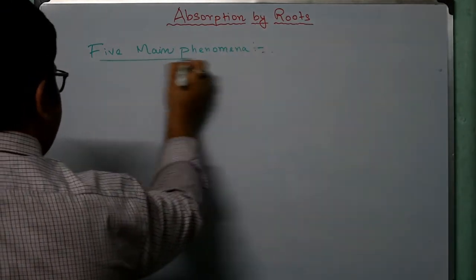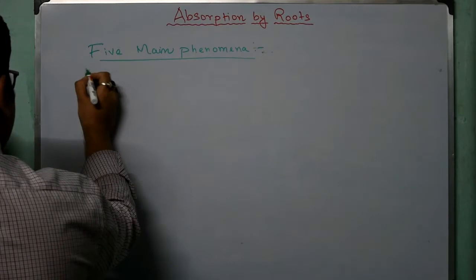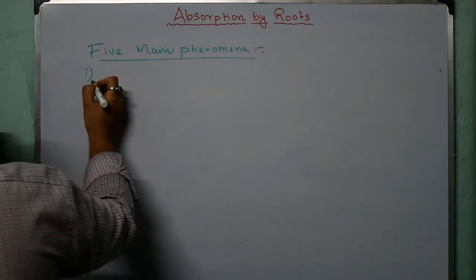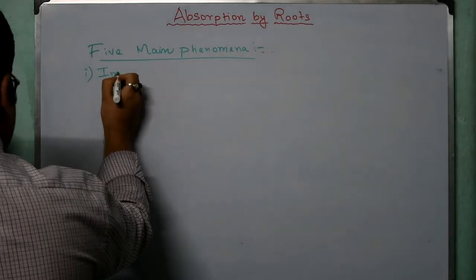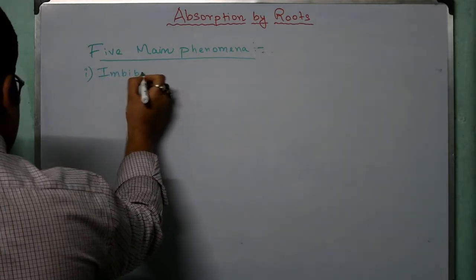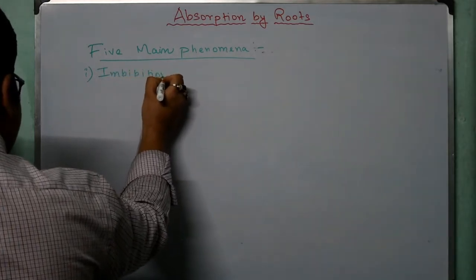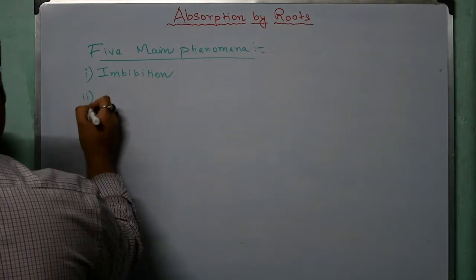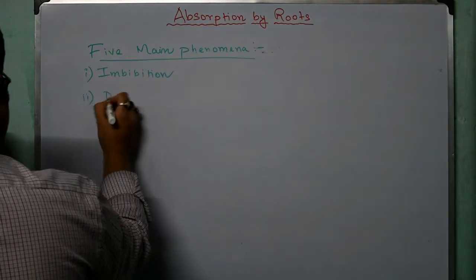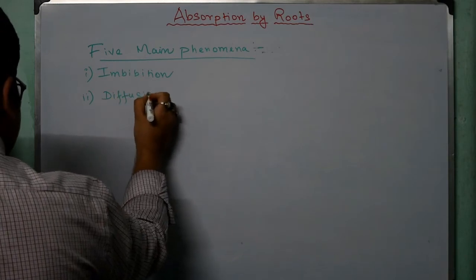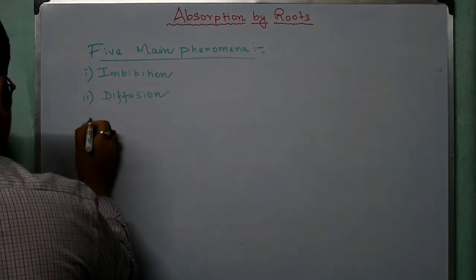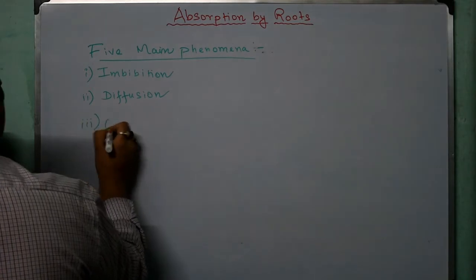Now what are the 5 main phenomena? The first one is imbibition. The second one is diffusion. The third one is osmosis.